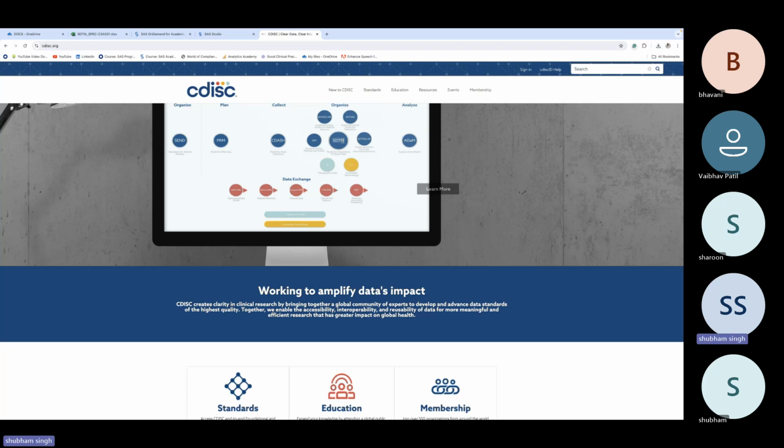You don't need to read the entire document, but you should have an overview of SDTM and ADaM. That's why first we want to refer to the SDTM IG, SDTM Implementation Guide. It tells us what it contains and what is going to be inside.